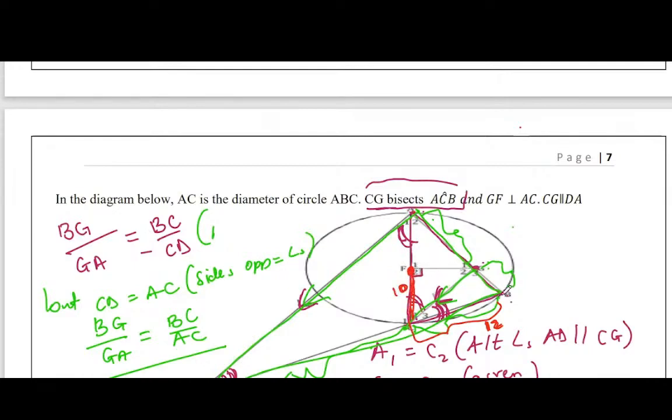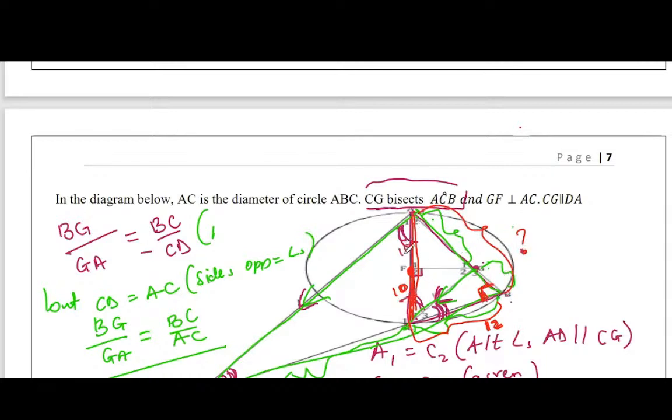One thing we know, if this is a circle and this was a diameter, this angle here has to be a 90, because it is an angle in a semicircle. The question wants us to get AB, the distance of this side. So if it is a 90, automatically this becomes a right angle triangle.